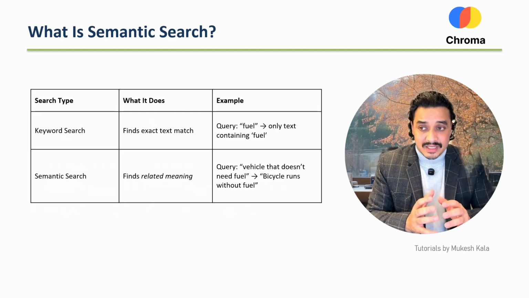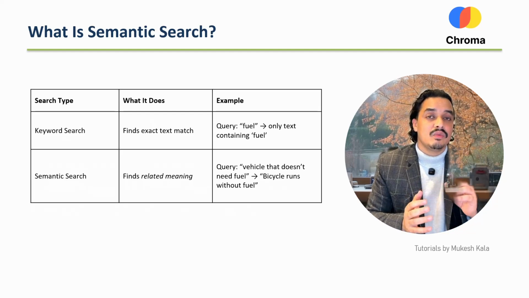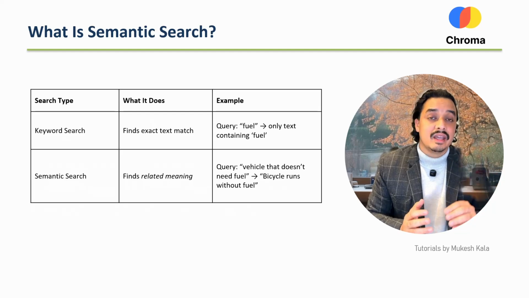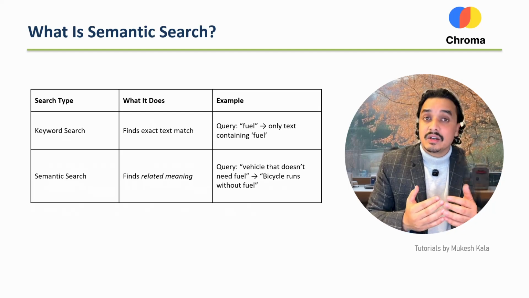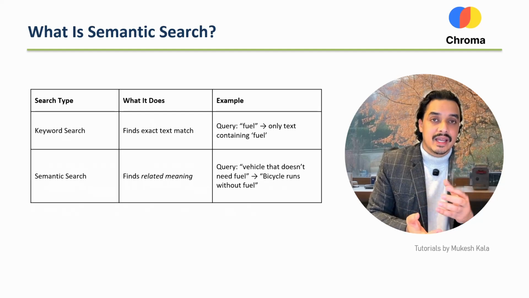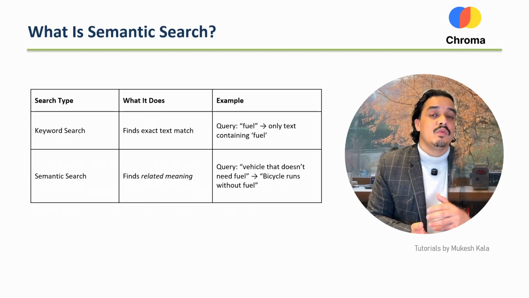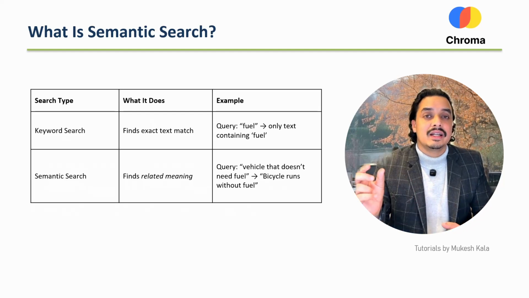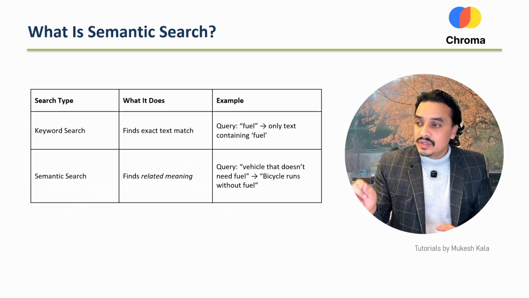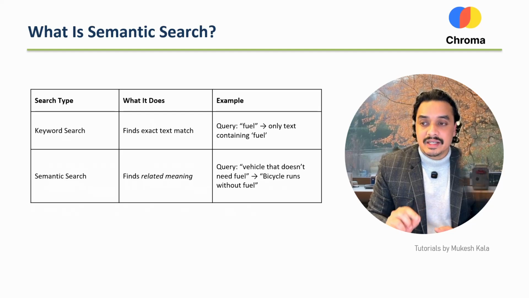So basically I am not mentioning the word fuel, I am referring by meaning. Whenever I write a query that has a hidden meaning and I want the LLM to search by meaning and not directly by a keyword, then we use semantic search.